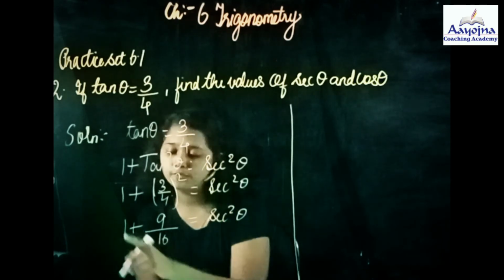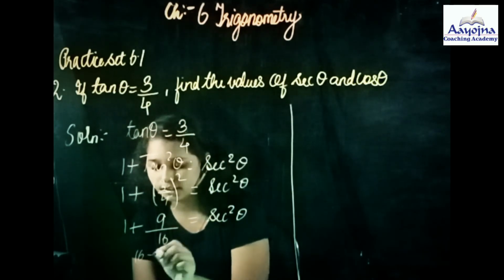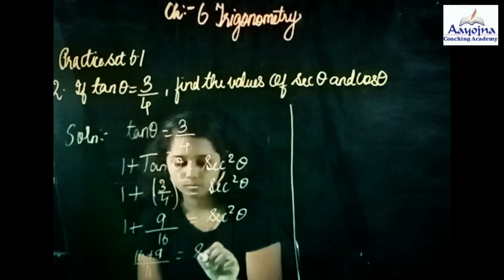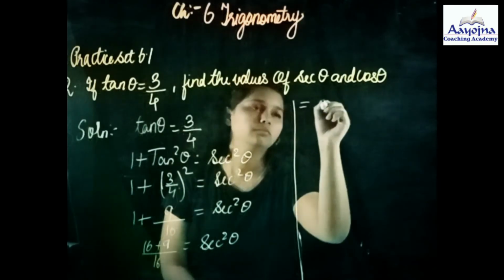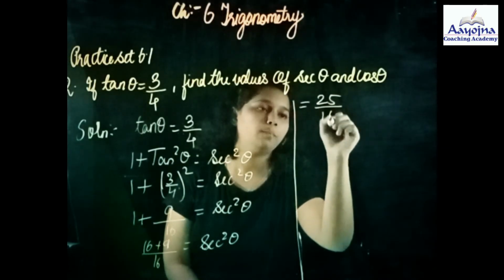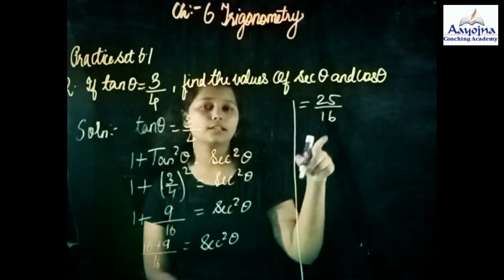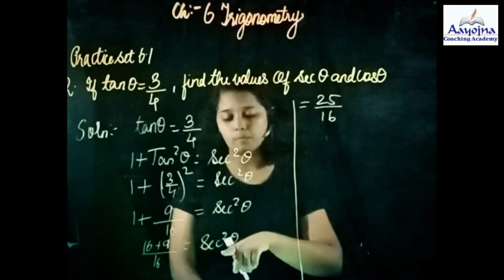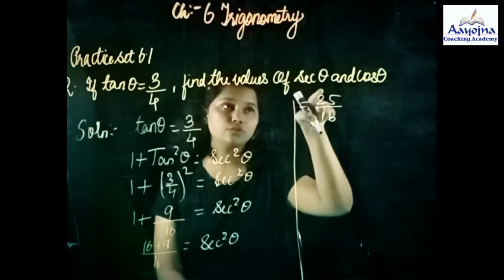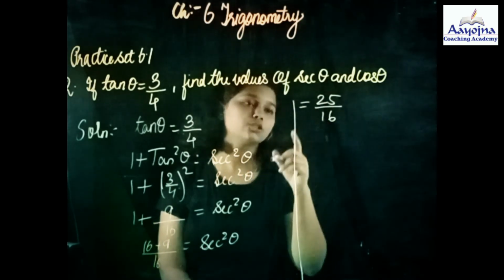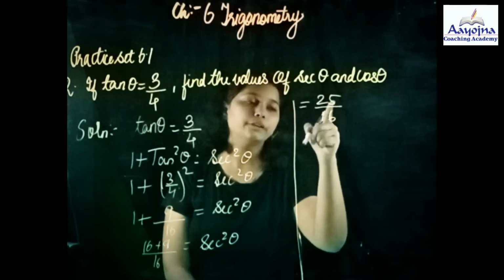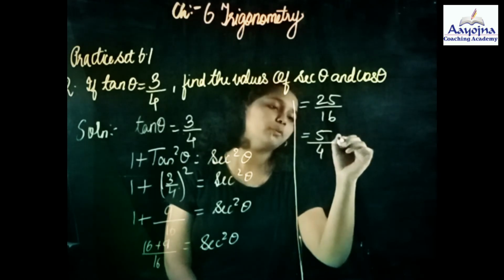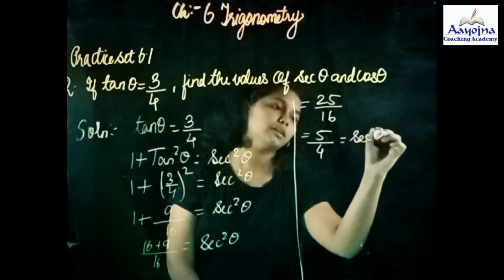Now this 16 will be multiplied by 1, so it will be 16 plus 9 upon 16, which is 25 upon 16. So I have written it here. Now this cannot be further divided, so we got sec square theta as 25 upon 16, but we are asked to find sec theta. So we will take the square root. Square root of 25 is 5 upon square root of 16 is 4, so 5 upon 4 is equal to sec theta.